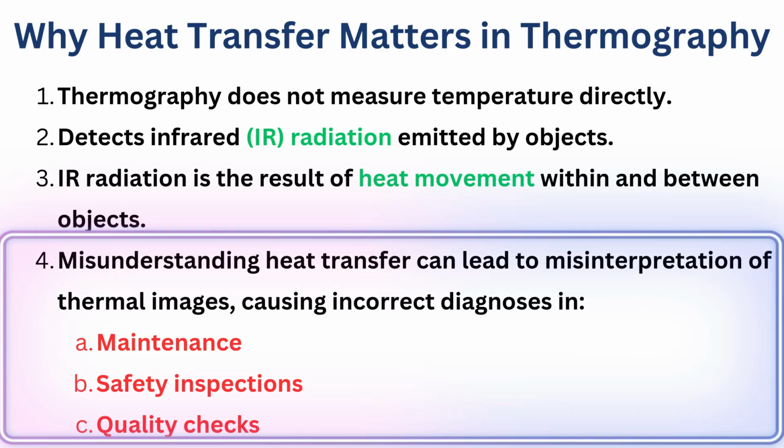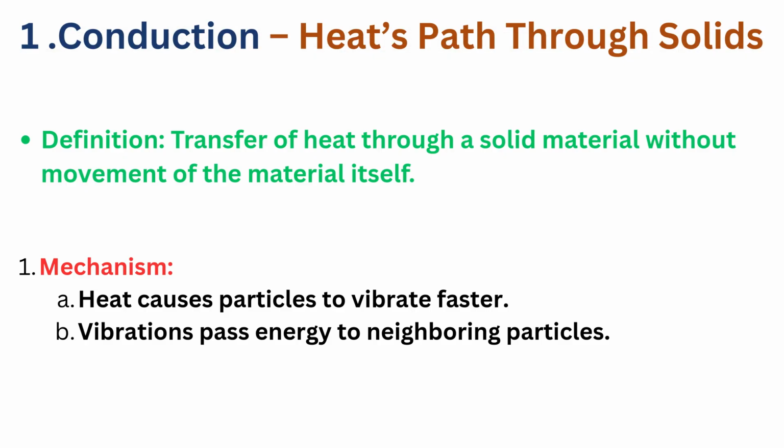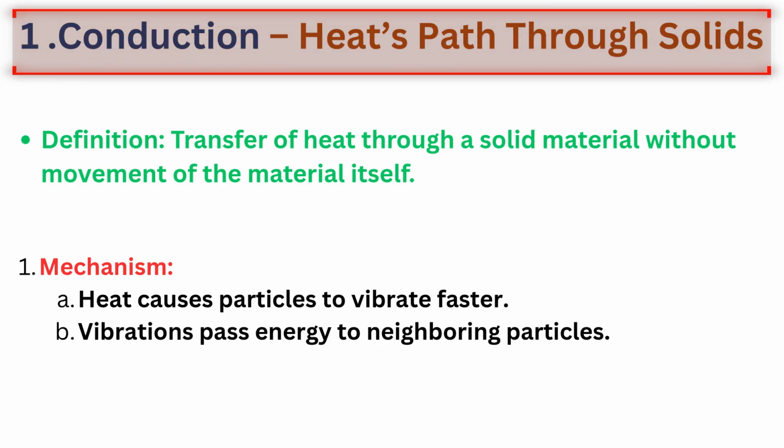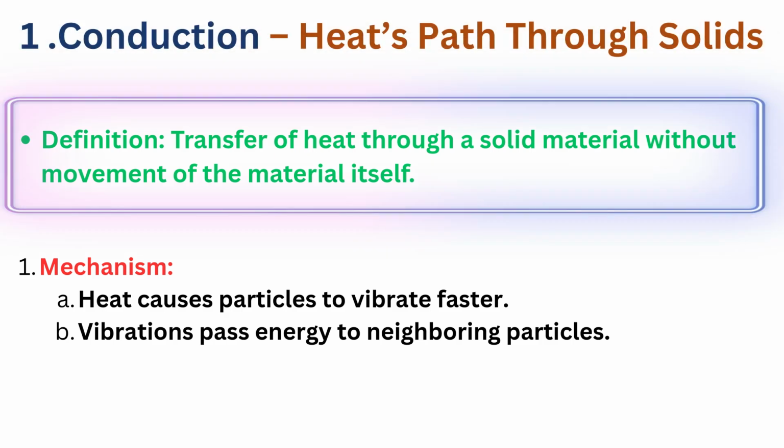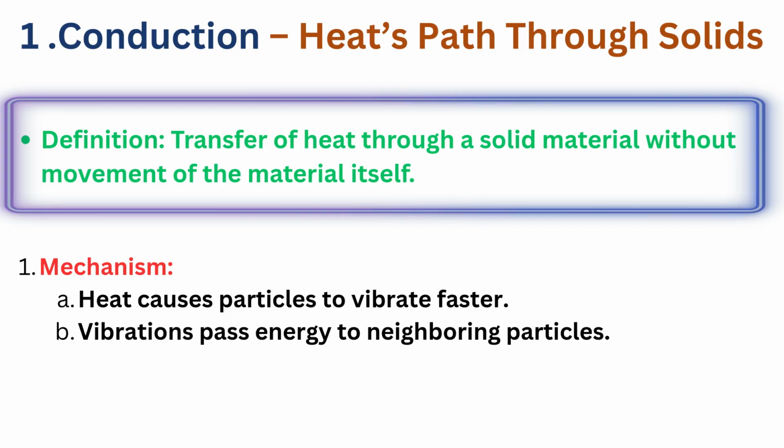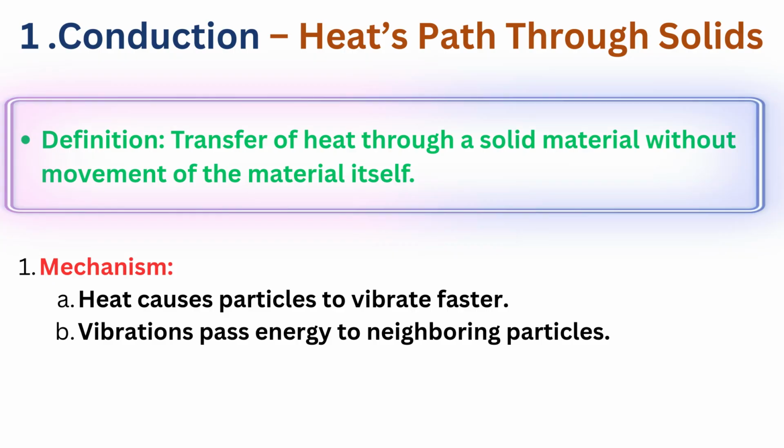So let's move to the first principle of heat transfer, that is conduction. What is conduction? Conduction is the flow of heat from one metal to another metal, or from one solid to another solid. The heat transfer because of this delta T, the difference in temperature between two metals, is known as conduction, right?